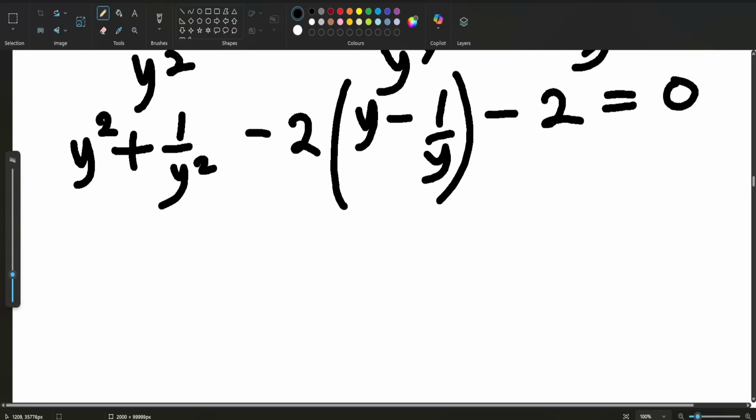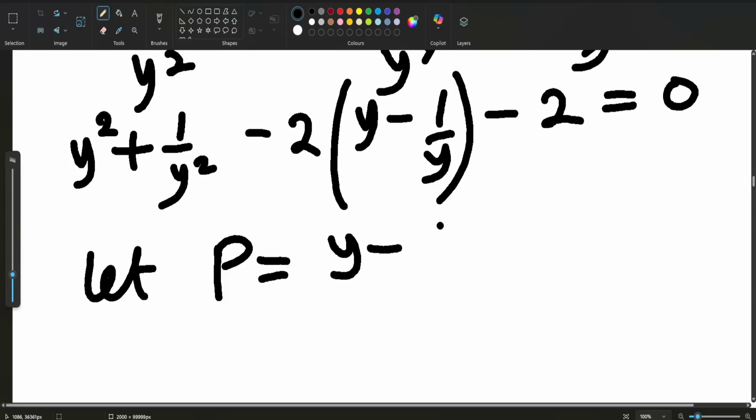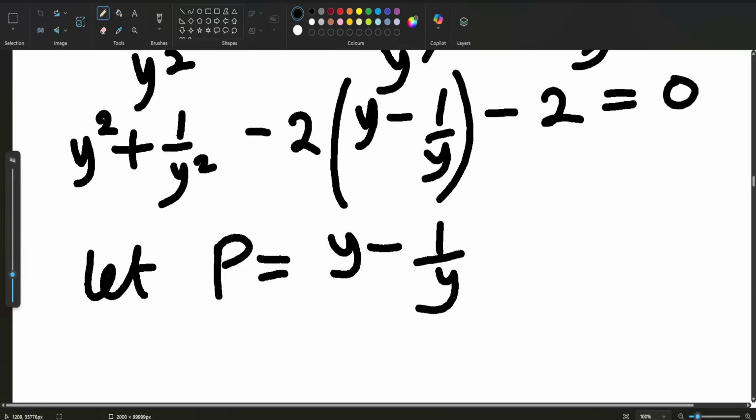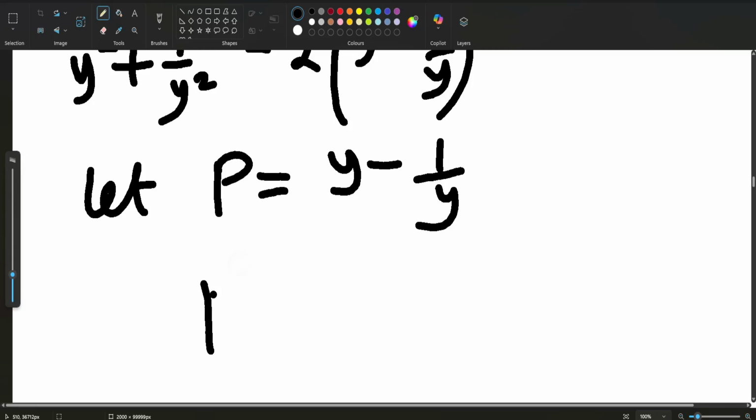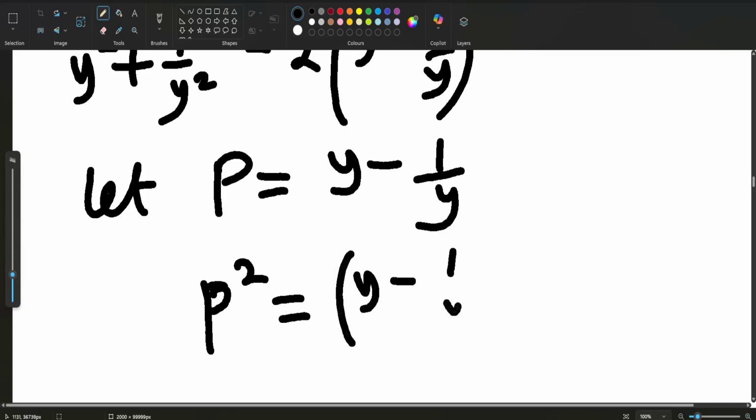So now that we have simplified the expression into this, we say let p, for instance, equal y minus 1 all over y. And if we square this, p squared is going to be y minus 1 over y, squared.